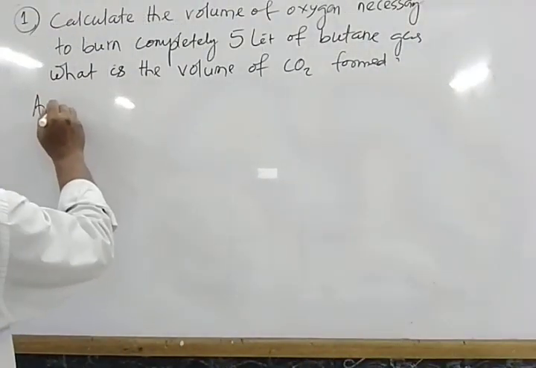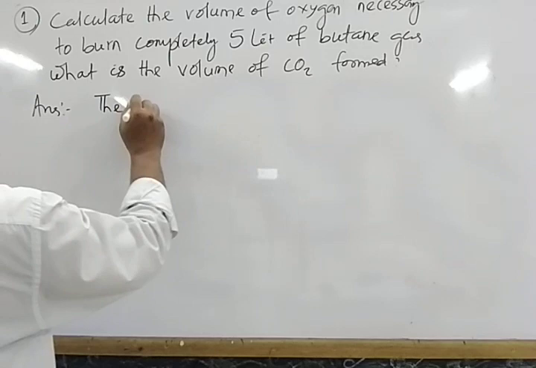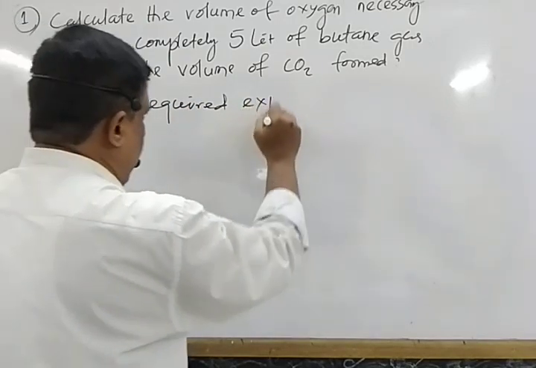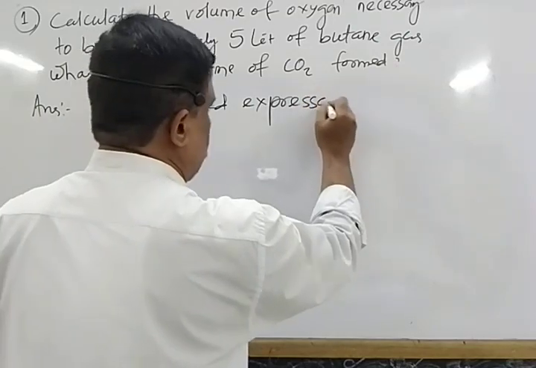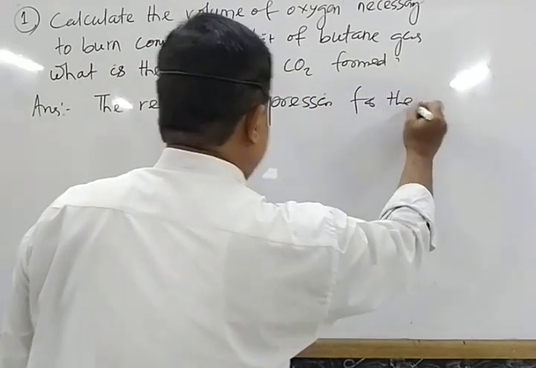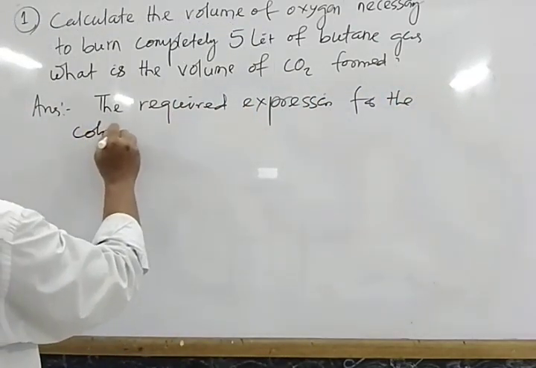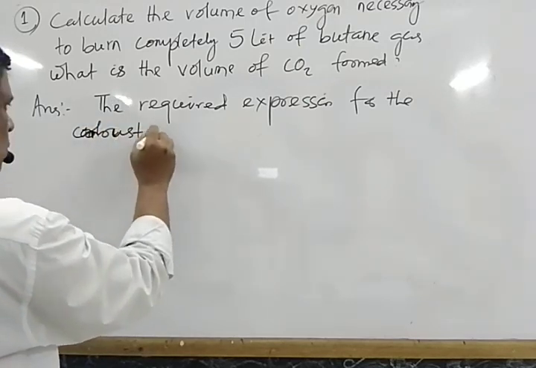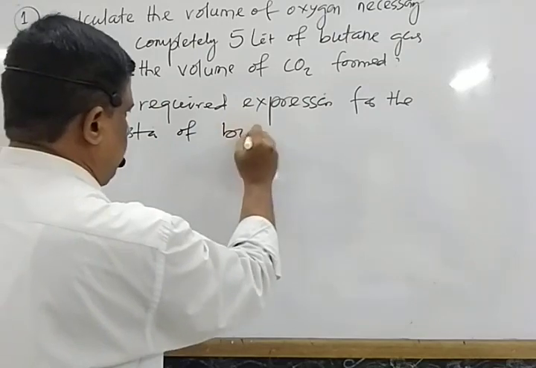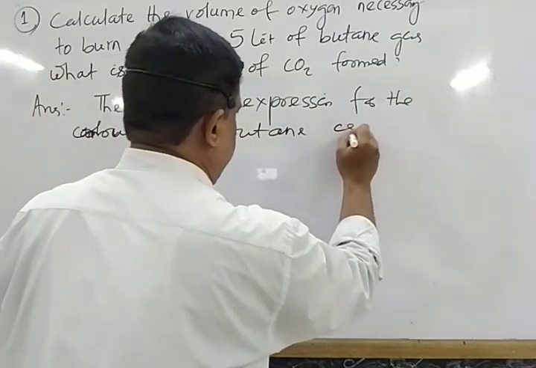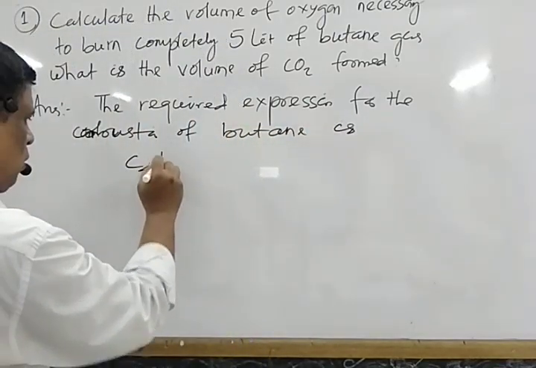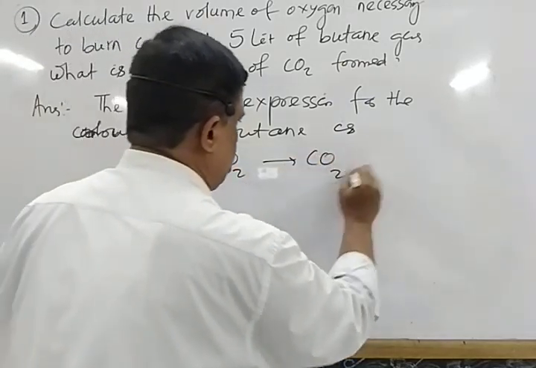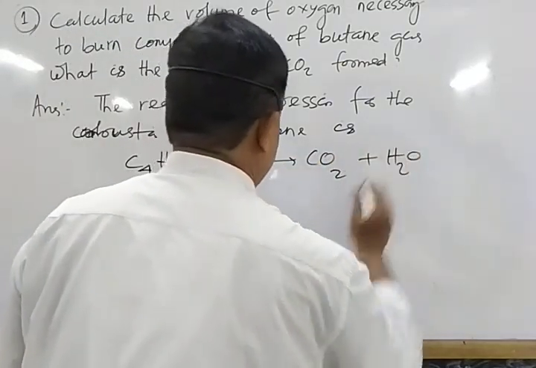Answer. The required expression for the combustion of butane is C4H10 plus O2 gives CO2 plus H2O.